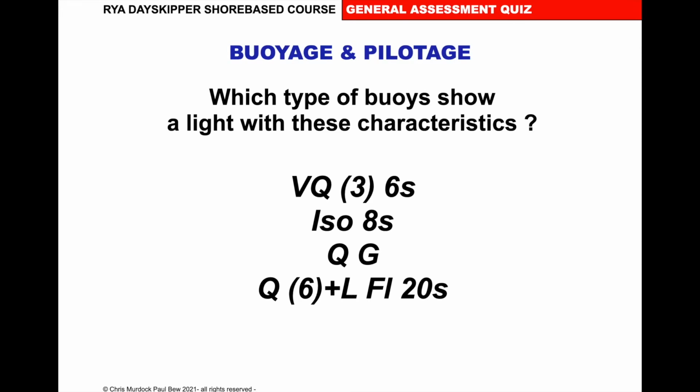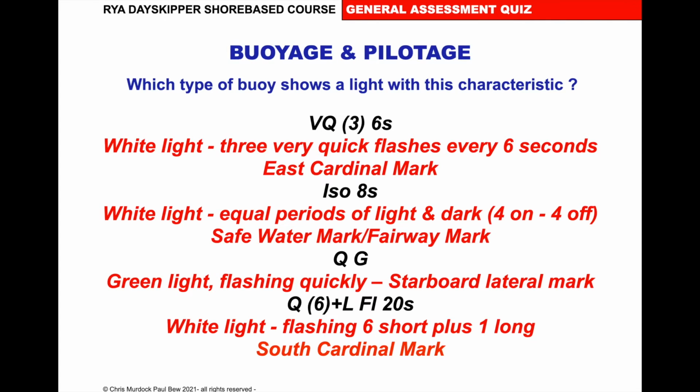Which types of buoy show lights with these characteristics? VQ(3) 6s, Iso 8s, QG, Q(6) plus LFl 20s. Let's have a look. VQ(3) 6s, white light, 3 very quick flashes every 6 seconds, is an east cardinal mark.